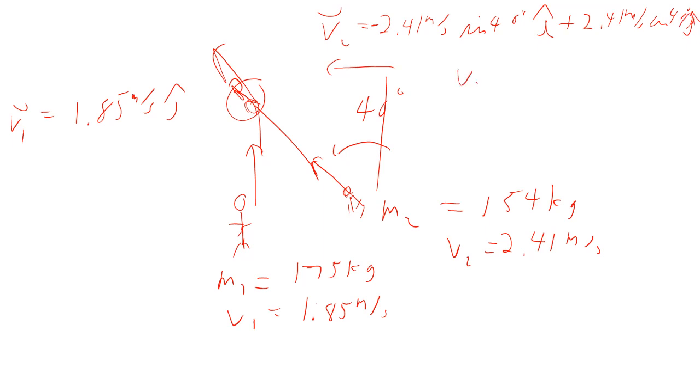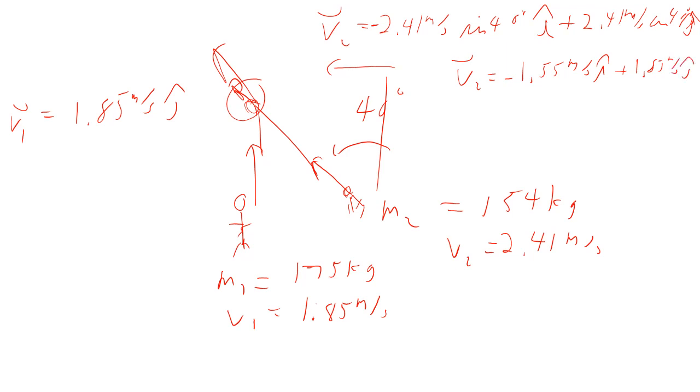And so V2 comes out to be equal to minus 1.55 meters per second i plus 1.85 meters per second j.